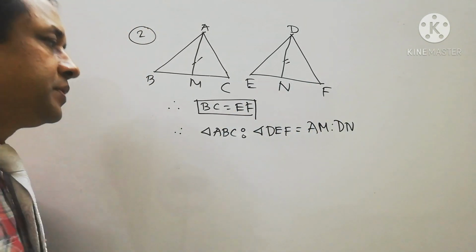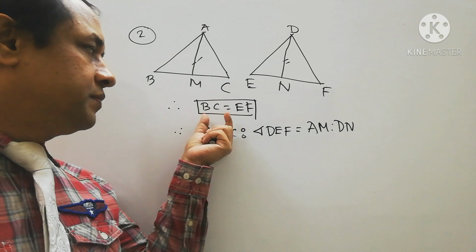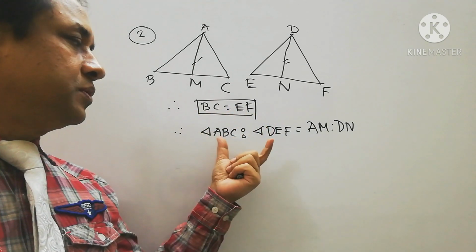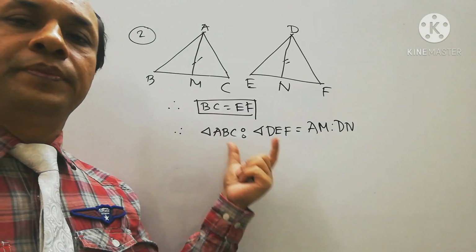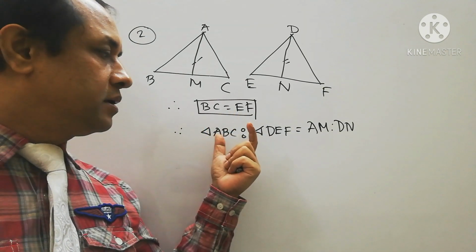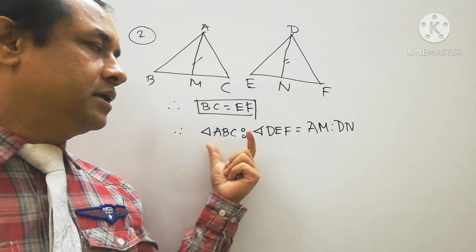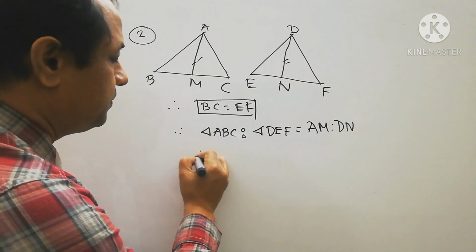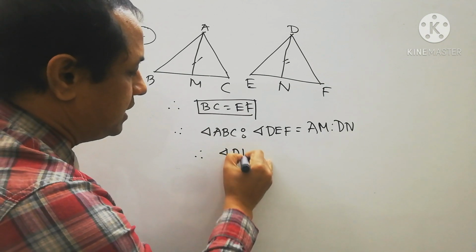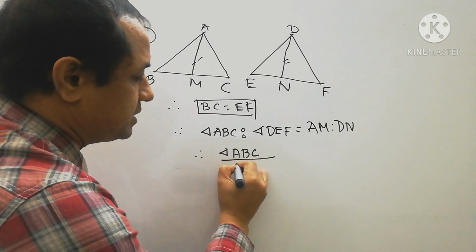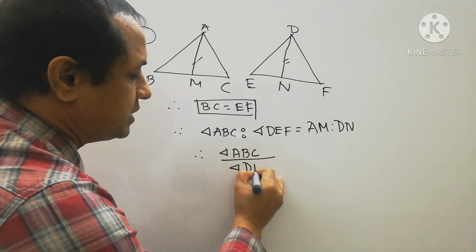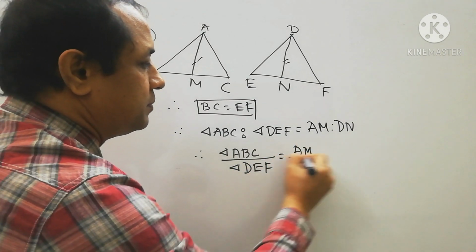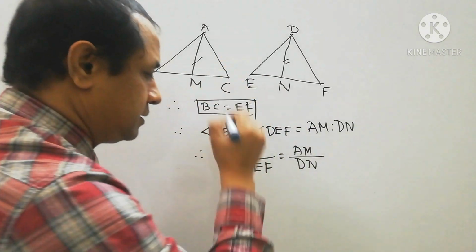So students, I say again, if the bases of two triangles are equal, their heights and areas are proportional. Now we can write area of triangle ABC by area of triangle DEF equals AM by DN.